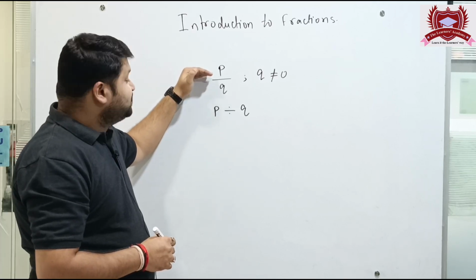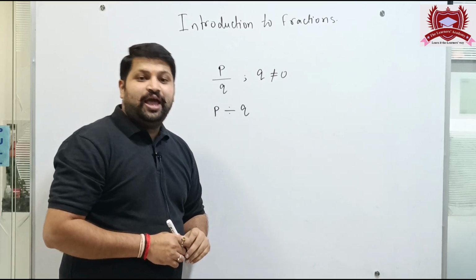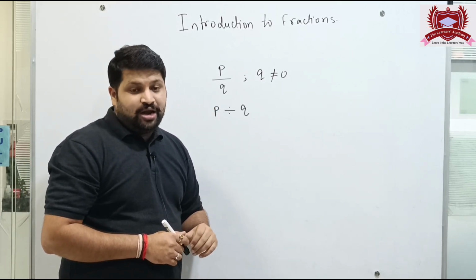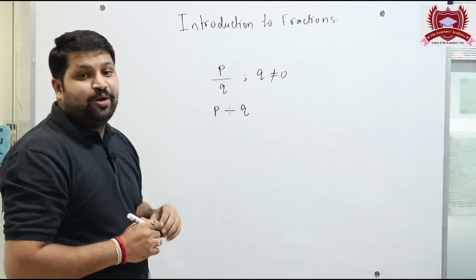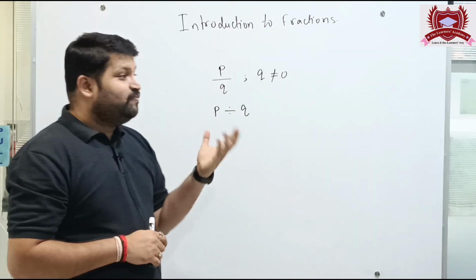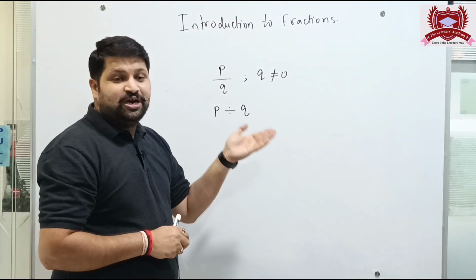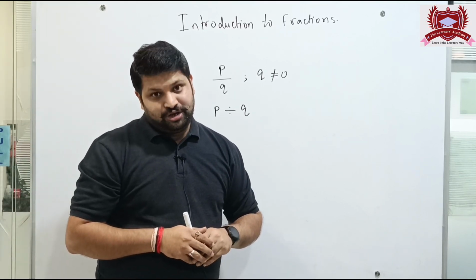If P is larger than Q, it is called an improper fraction. And if Q is larger than P, it is called a proper fraction. This is how we separate fractions depending on the relation between P and Q.